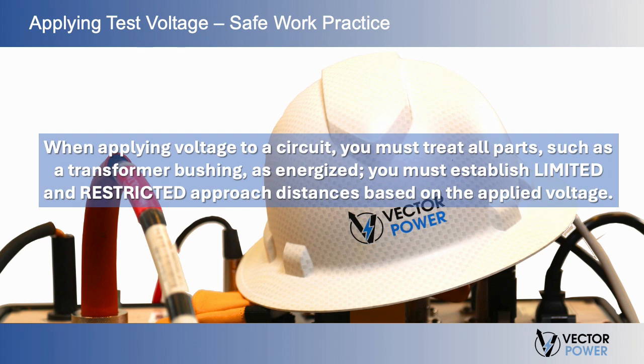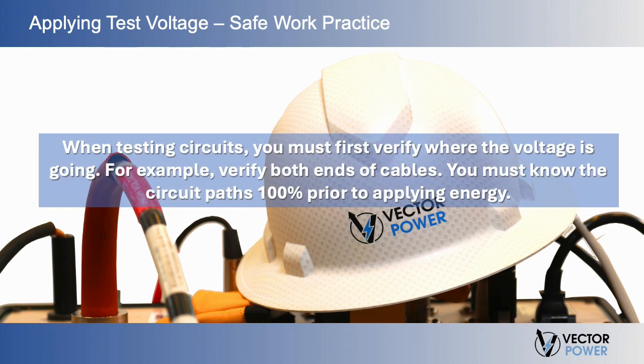When applying voltage to a circuit, you must treat all parts, such as a transformer bushing, as energized. You must establish limited and restricted approach distances based on the applied voltage. When testing circuits, you must first verify where the voltage is going. For example, verify both ends of cables.